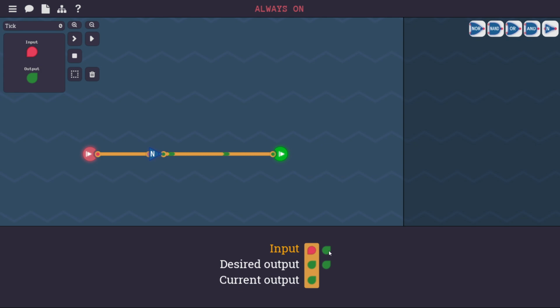And then we're told that if the input is on, we are supposed to get an on as well. So let's see if we do get an on. And unfortunately, we don't get an on. So there's probably some issue. How can we fix this issue?